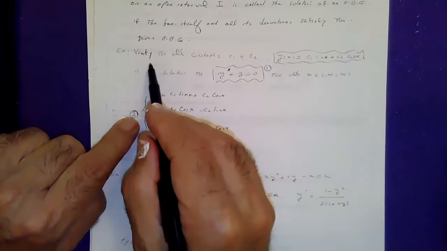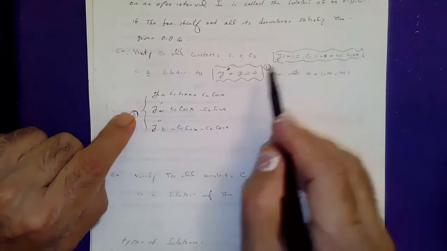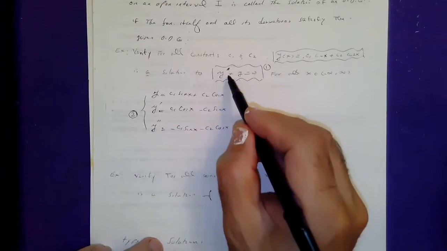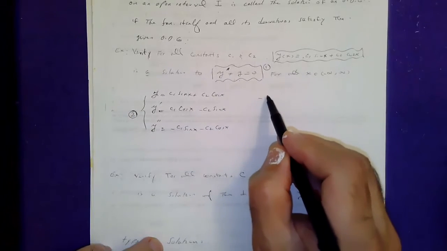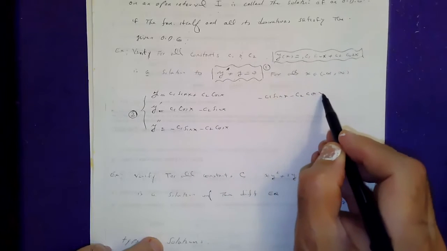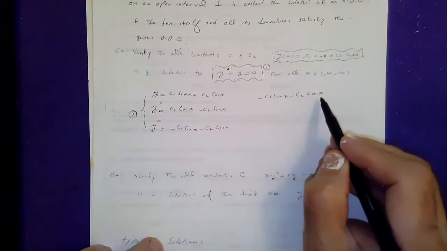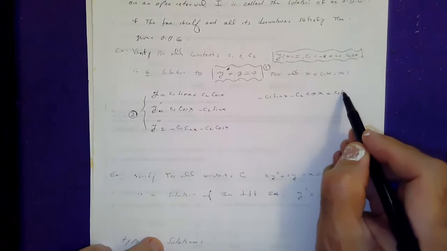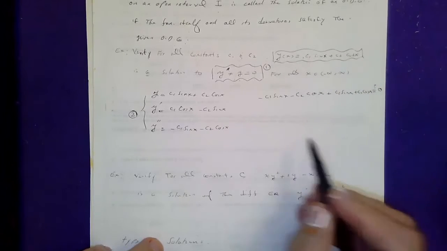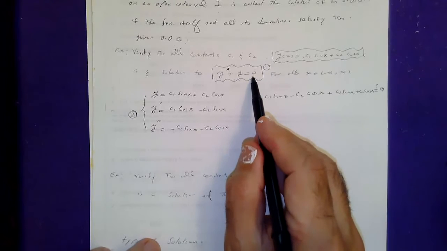We're trying to verify, that means show this satisfies the differential equation. So I'm going to replace the y double prime with minus c1 sine of x minus c2 cosine of x, and then add y itself, which is c1 sine of x plus c2 cosine of x. Does that add up to 0, according to the equation?